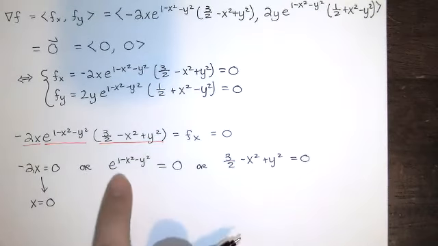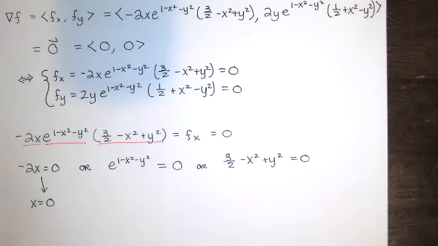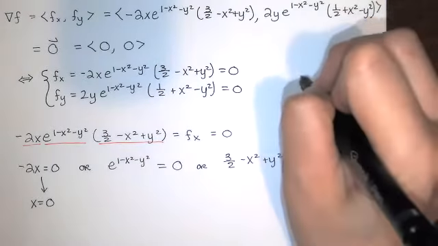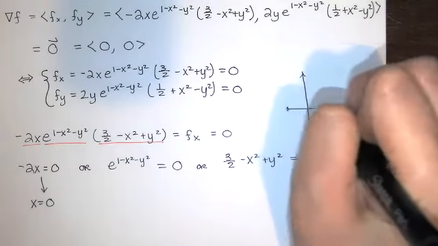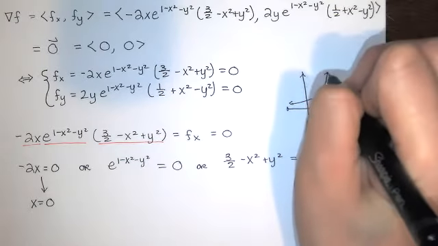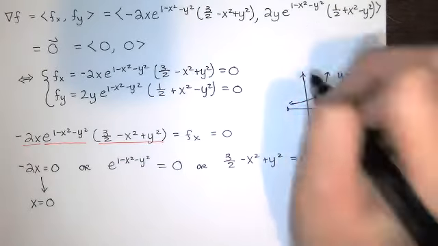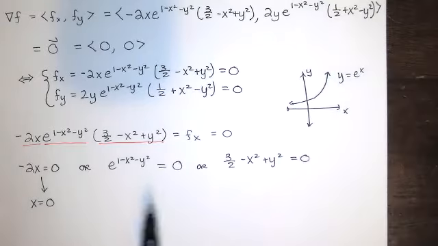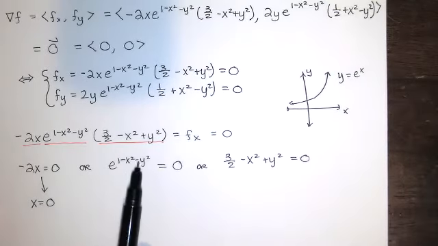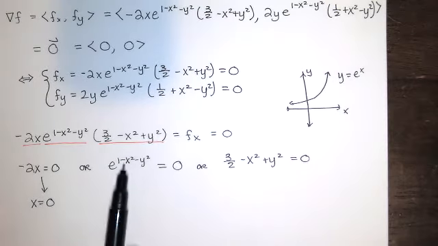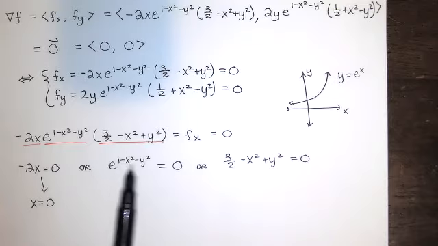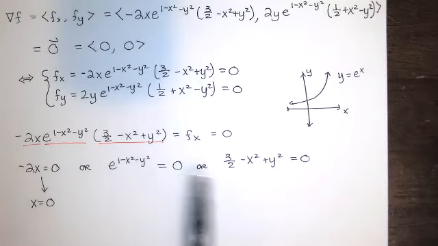Now this one looks difficult, but it's actually not too bad at all if you remember how the exponential function behaves. Remember from pre-calculus that the exponential function looks like this. And remember this 1 minus x squared minus y squared, it means it's a function of 2 variables, but it's really just a number. It's e to some power.